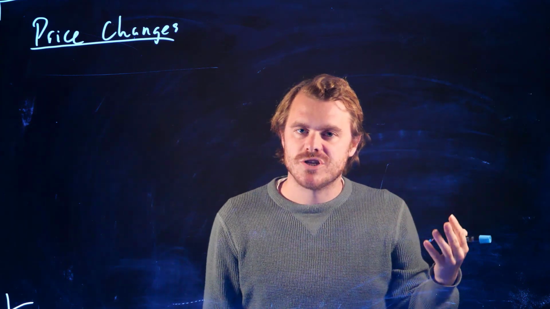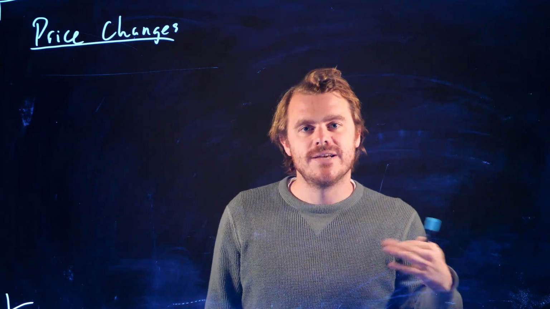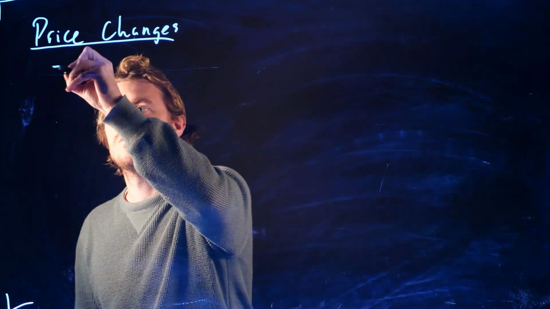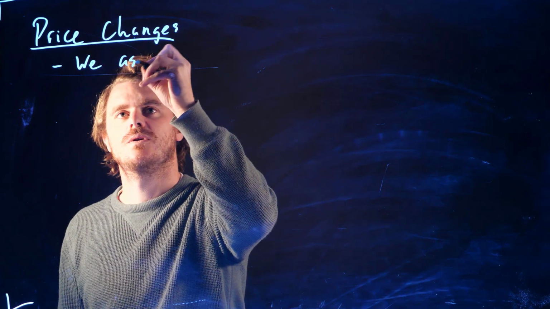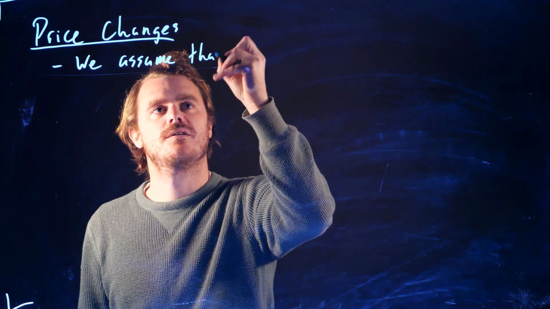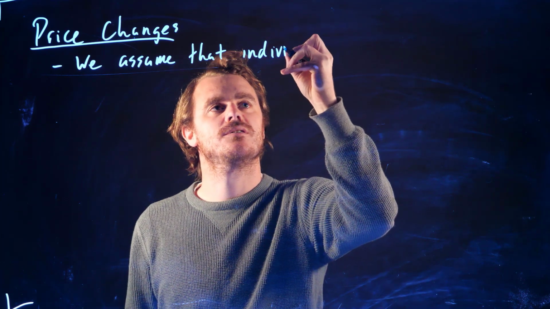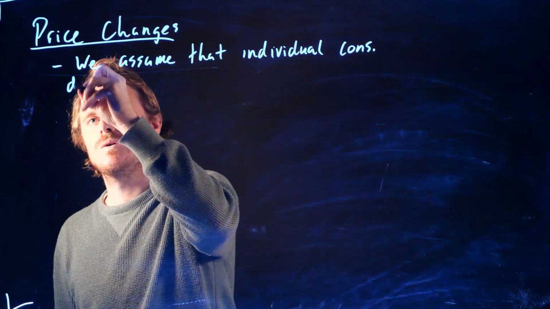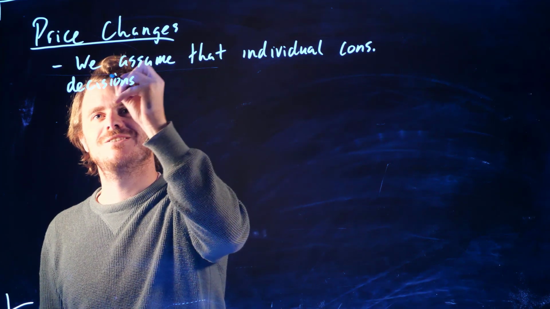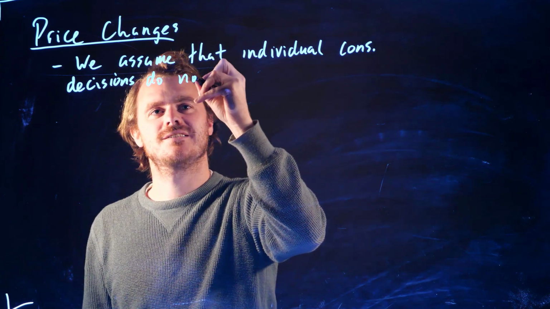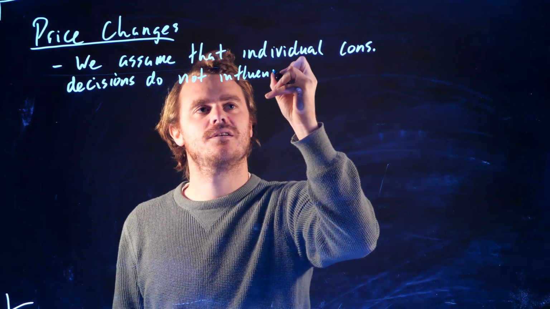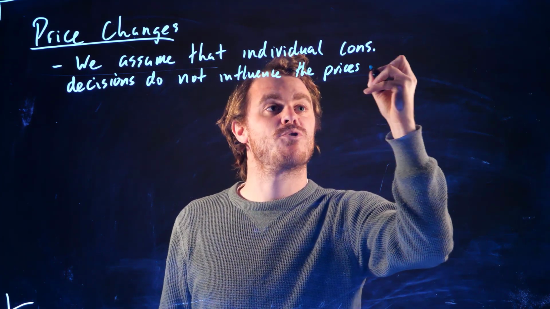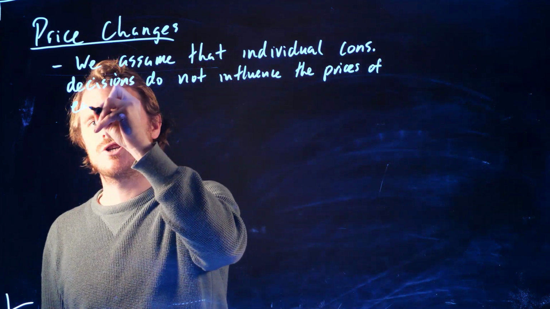So we're making an assumption here that your individual decisions about how much of each good to purchase is not going to change the price. We assume that individual consumption decisions do not influence the prices of each good.